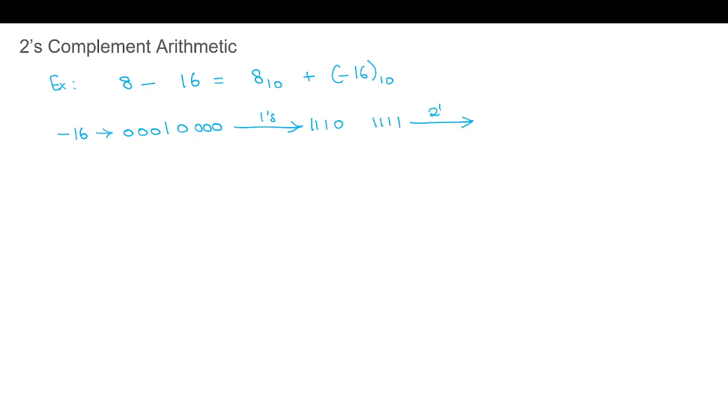So next, going to the 2's complement arithmetic. If we take an example of say 8 minus 16, this can be represented as 8 in decimal plus minus 16 in decimal. Now for minus 16, the positive number is represented as this, taking the 1's complement, which is the inversion, and then the 2's complement, which is added with 1.